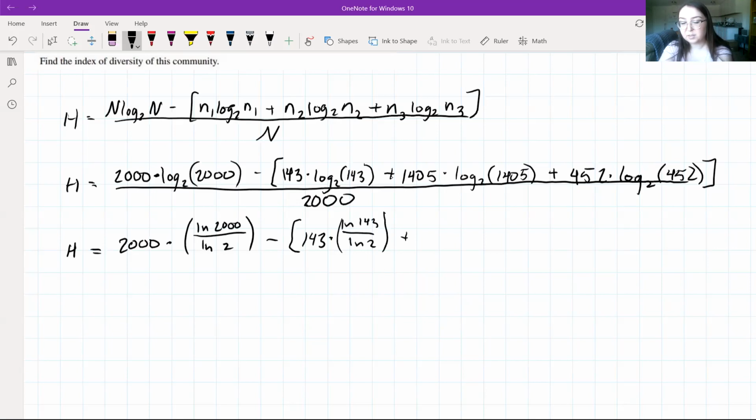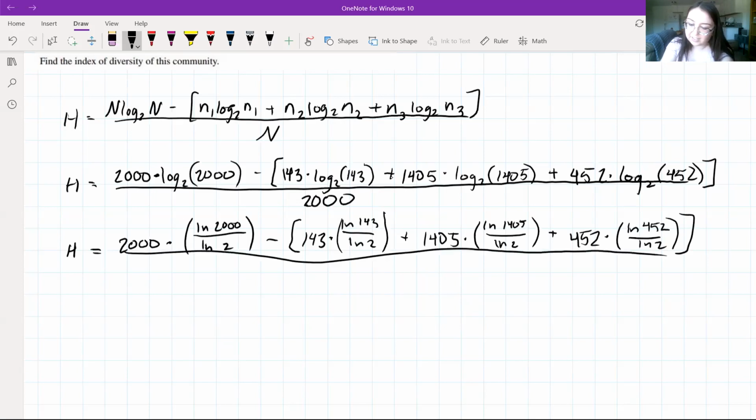Moving on to our n sub 2, we're going to have 1,405 times the natural log of 1,405 divided by the natural log of 2. Lastly, with our n sub 3, we're going to have 452 times the natural log of 452 divided by the natural log of 2.